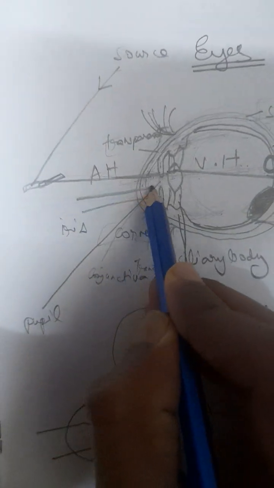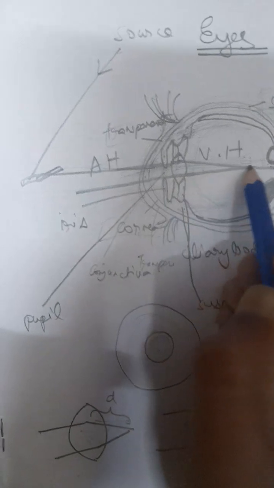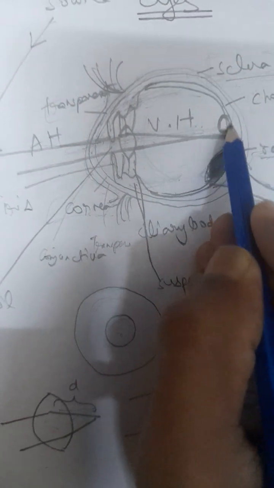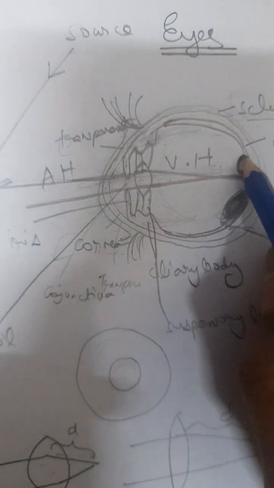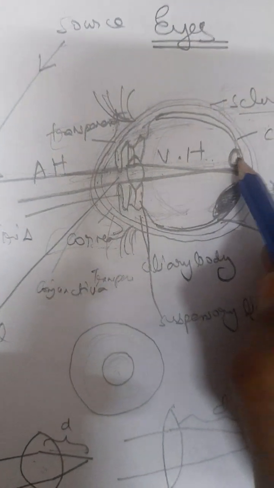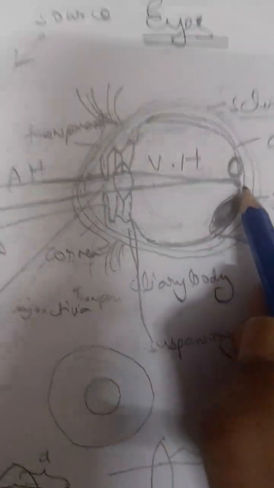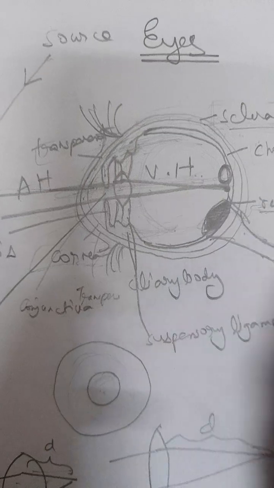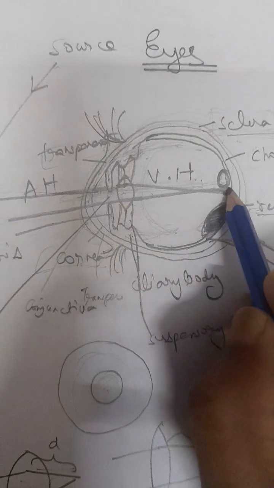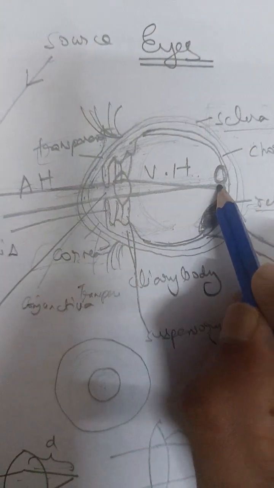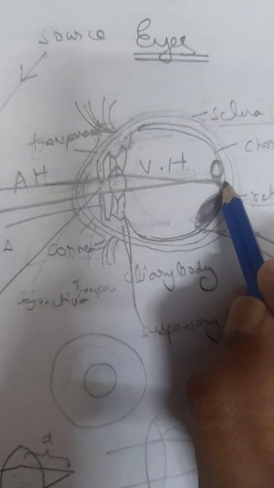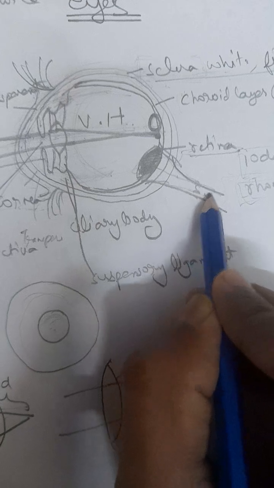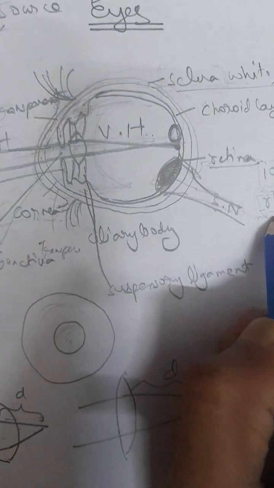Another light ray will enter and it will hit the retina here. That is almost near the yellow spot, the area of best vision, or macula lutea. Now here the cone cells, or the iodopsin chemical, is very sensitive to light rays. So this sensation is converted to nerve impulse and it travels through this sensory nerve to the brain, and it creates a sensation of seeing.